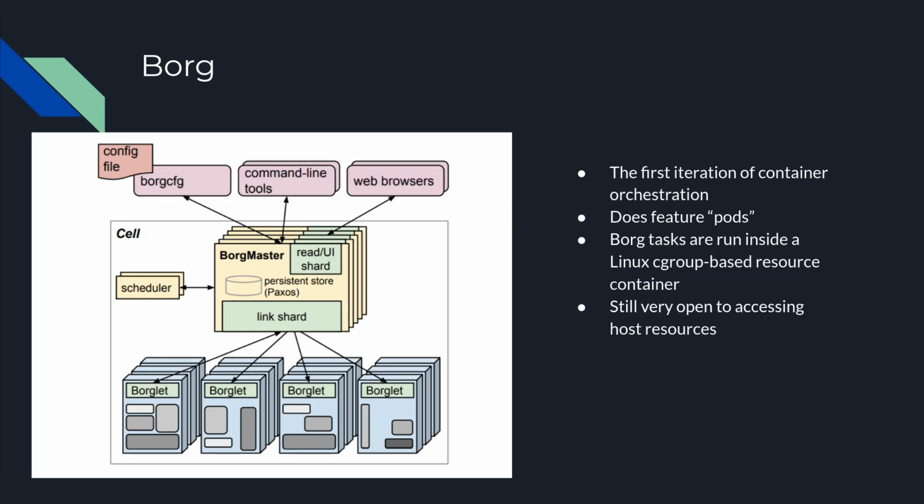To this day, Borg is still somewhat used at Google, I think, but Docker and containers are much more lightweight than something like a VM. When Docker got announced in 2013, the Google engineers were like, we like that. This is nice and lightweight. Borg is good, but let's do something better.